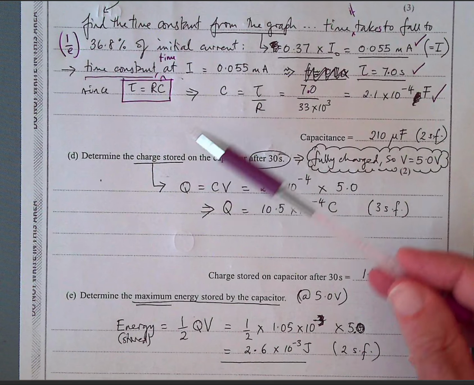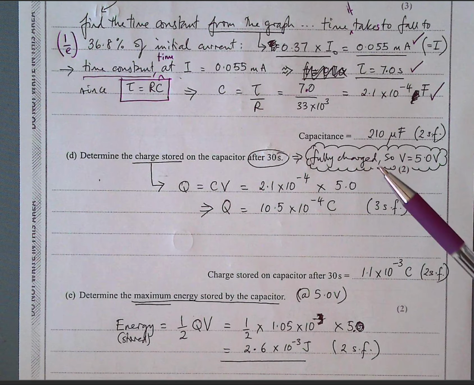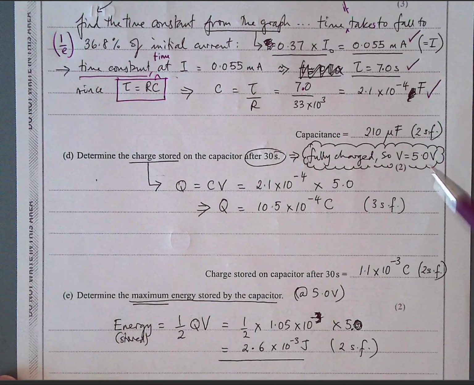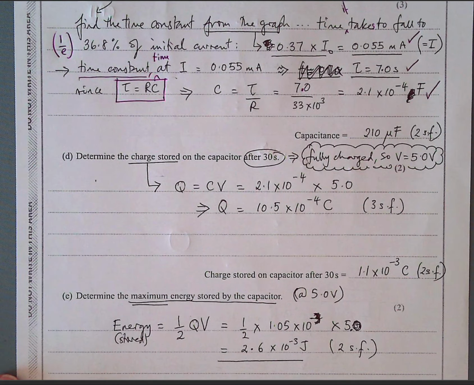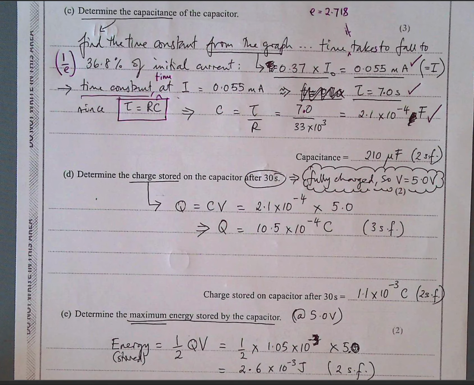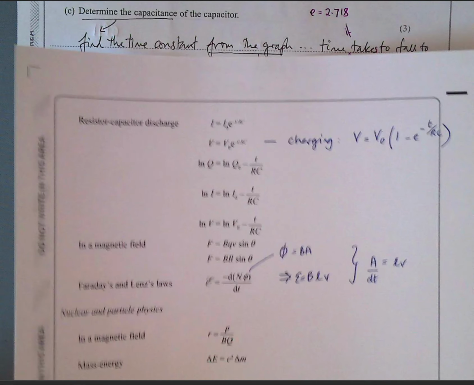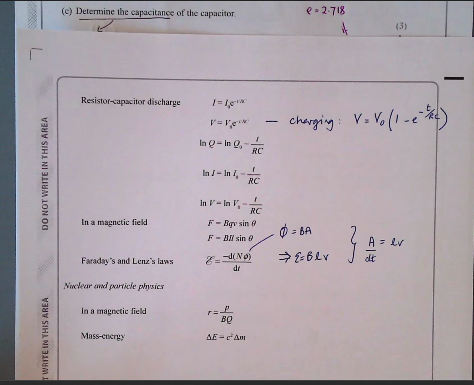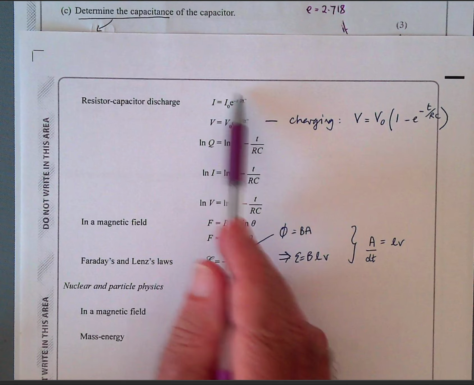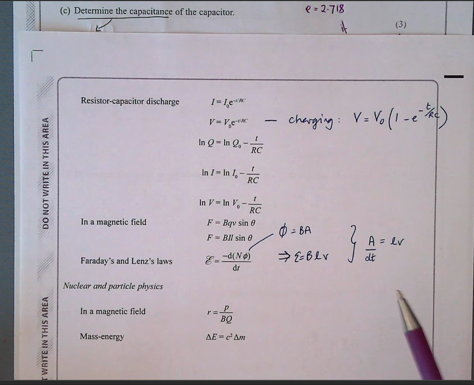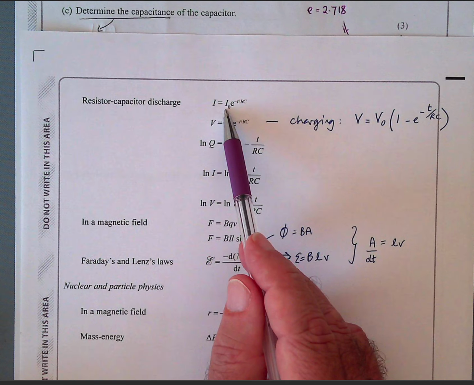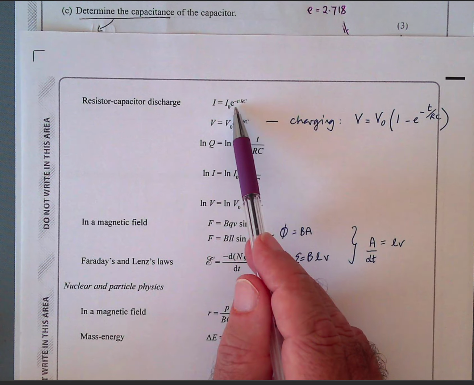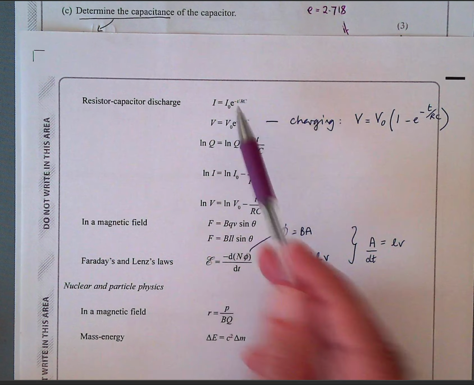So this is how they did this on their own graph. I've only done it this method, but you can use the graph with any of the equations that are given. For example, the discharge circuit, because it's the same rate of decrease of current, I equals I naught e to the minus t over RC, if you can read that.